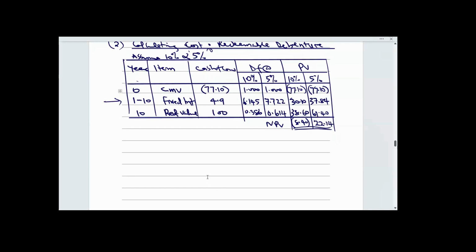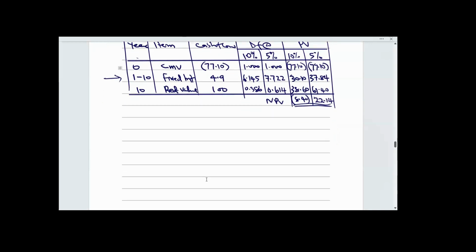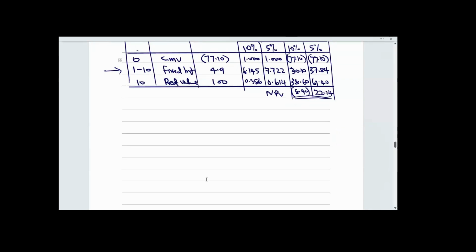So we assumed 10% and got a negative NPV of 8.4. We reduced it to 5% and got a positive NPV of 22.14. Now that we have two opposing NPVs, we can proceed to calculate the cost of redeemable debenture, which is KD, the internal rate of return.